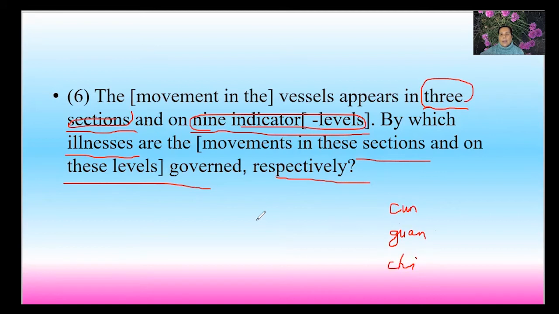We're just talking about 寸关尺. And at each of them, we can feel the pulse at the superficial level, the middle level, and the deeper level.